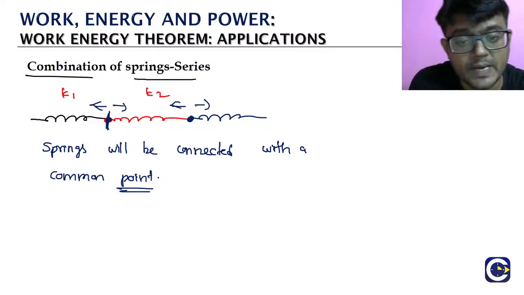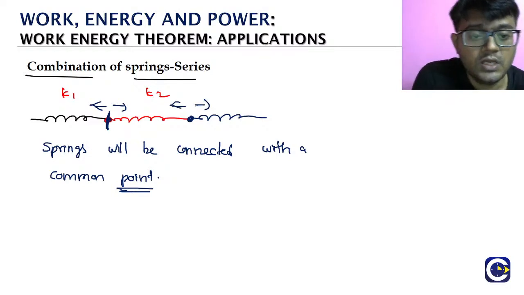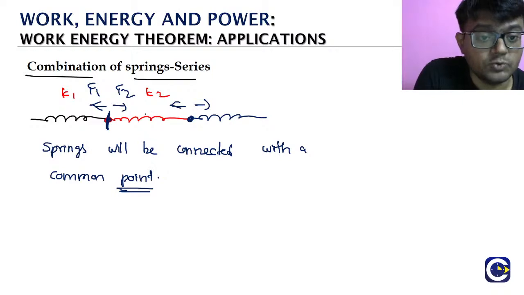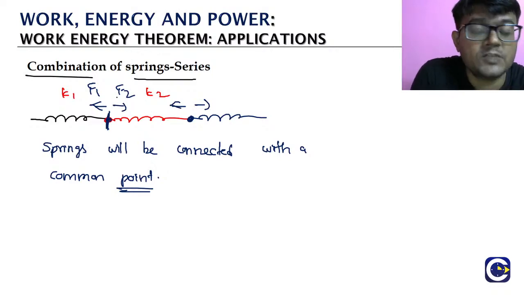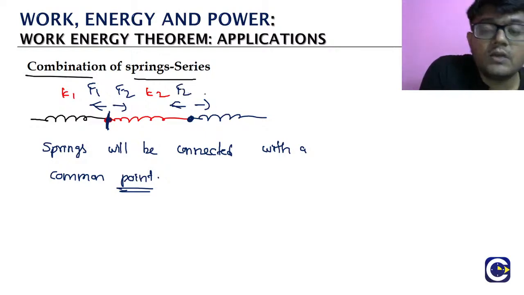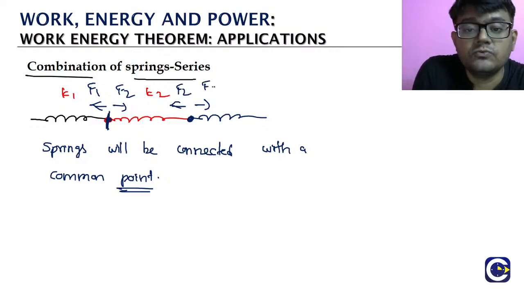If the force inside spring 1 is F1 and the force inside spring 2 is F2, there should be a force balance, which means F1 should be equal to F2. Similarly, the force in spring 3 is F3. So the common point should have a force balance.